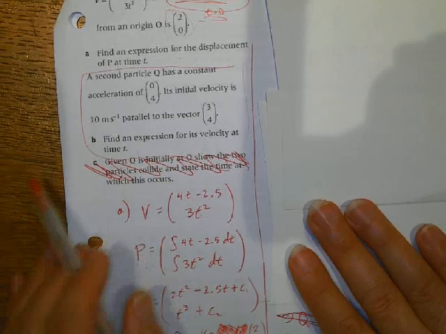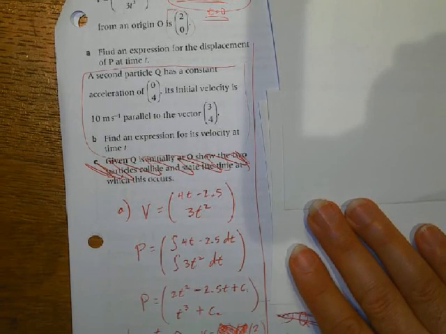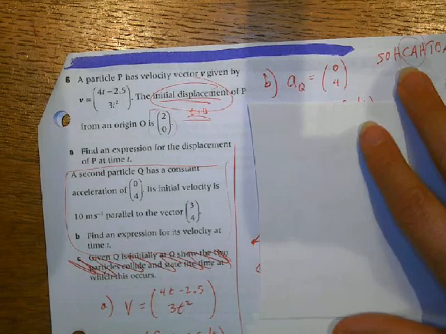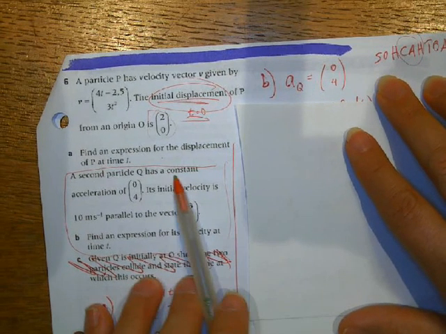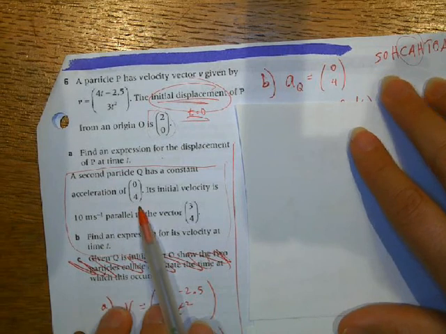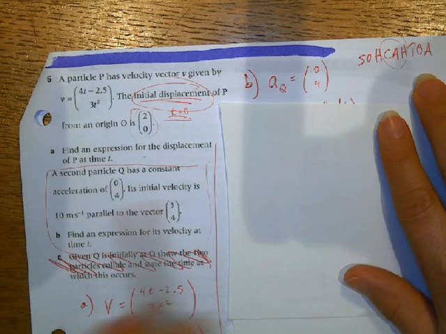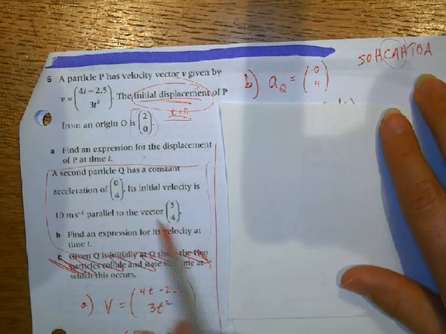Question B says, find the expression for its velocity at time t. Okay, so we know the second particle, q, has a constant acceleration of 0, 4. Its initial velocity is 10 meters per second, and it's parallel to this vector.